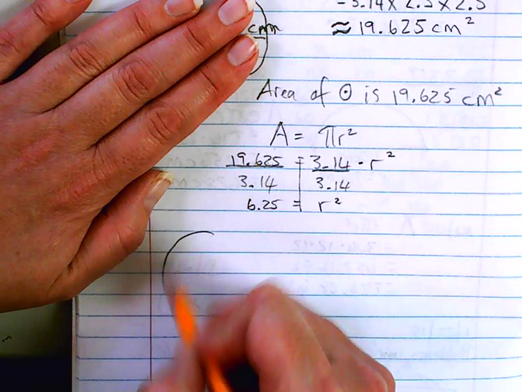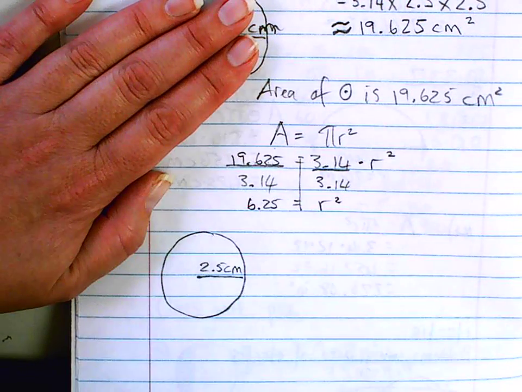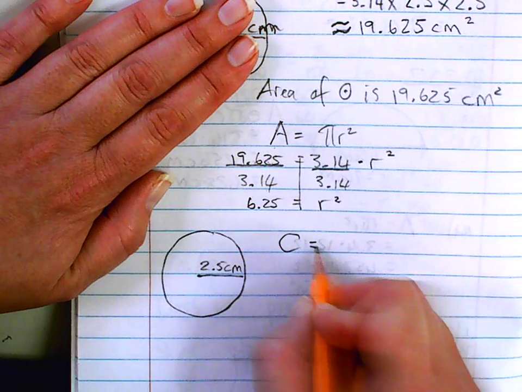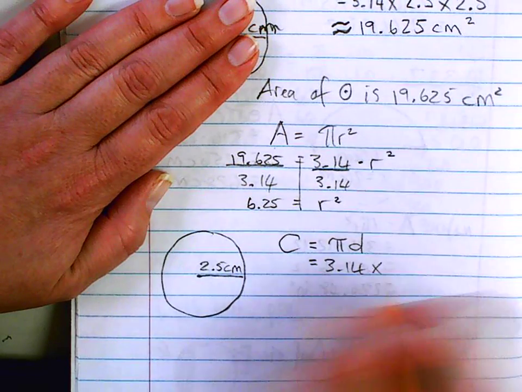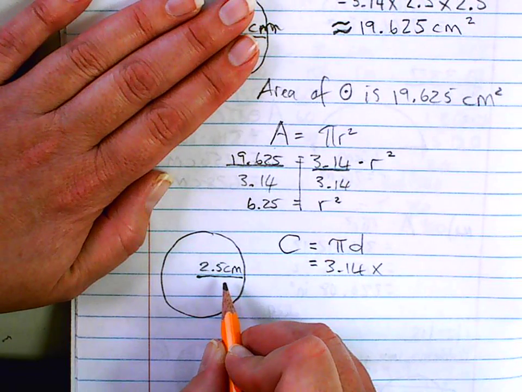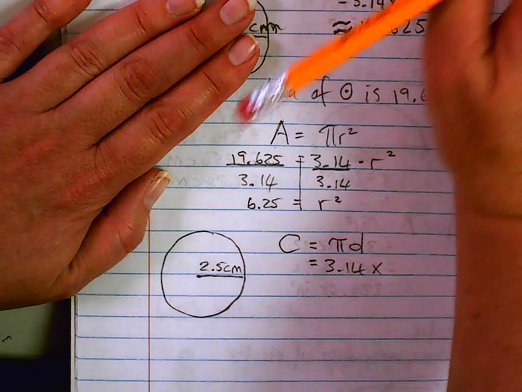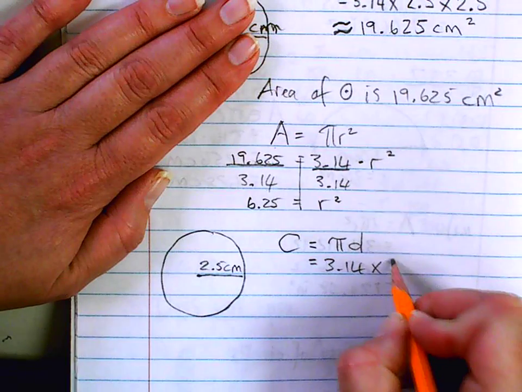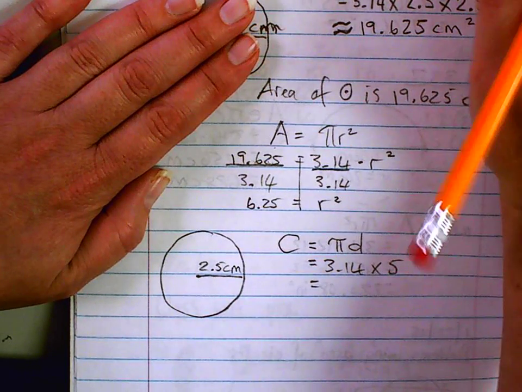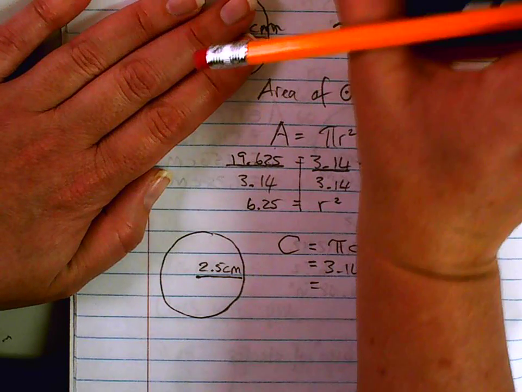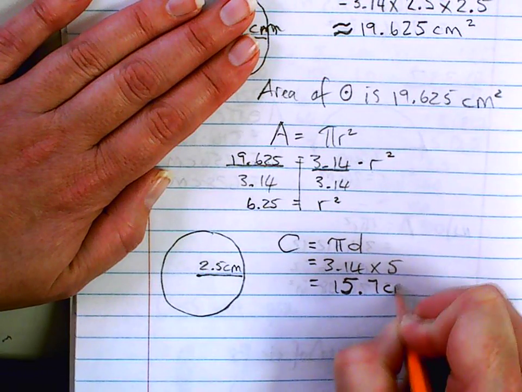Let's say again we've got a 2.5 centimeter radius in the circle, and I'm finding the circumference, which is pi times the diameter, which is 3.14 times, oops, they didn't give me the diameter, they gave me the radius, but I know the diameter is twice the radius, so I go 2.5 times 2 equals 5, and then I punch this into my calculator. 3.14 times 5 equals 15.7 centimeters is my circumference.